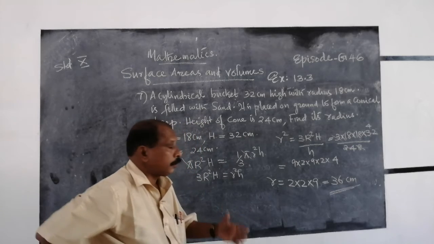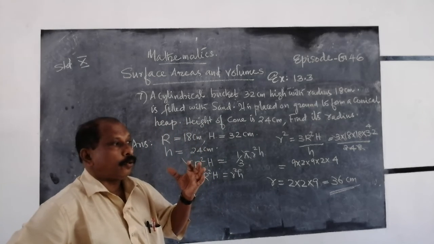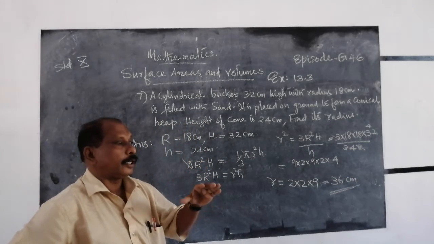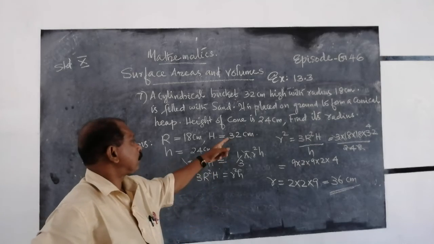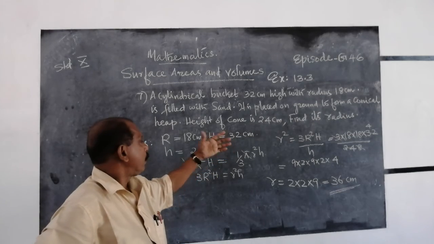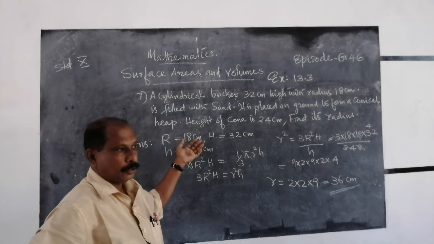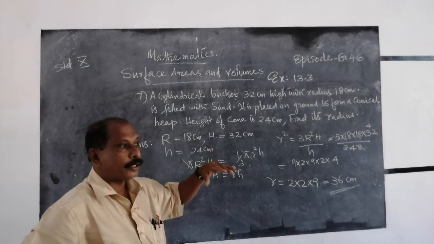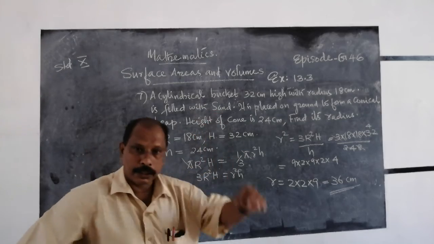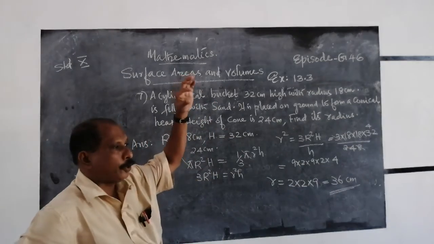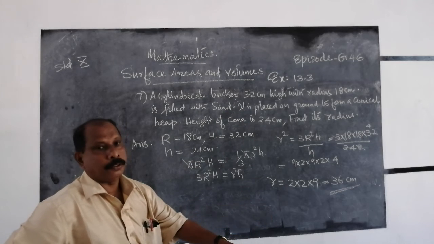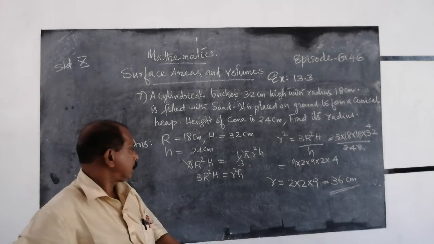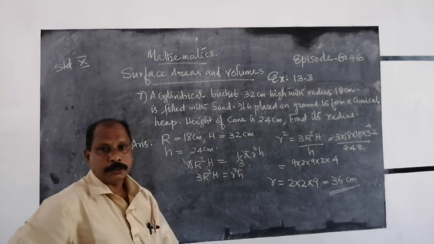Therefore, we know that height of that cylindrical shaped sand is 32 centimeter. Radius is 18 centimeter. That sand forms a conical heap on the ground. The height of that conical heap on the ground is 24 centimeter.